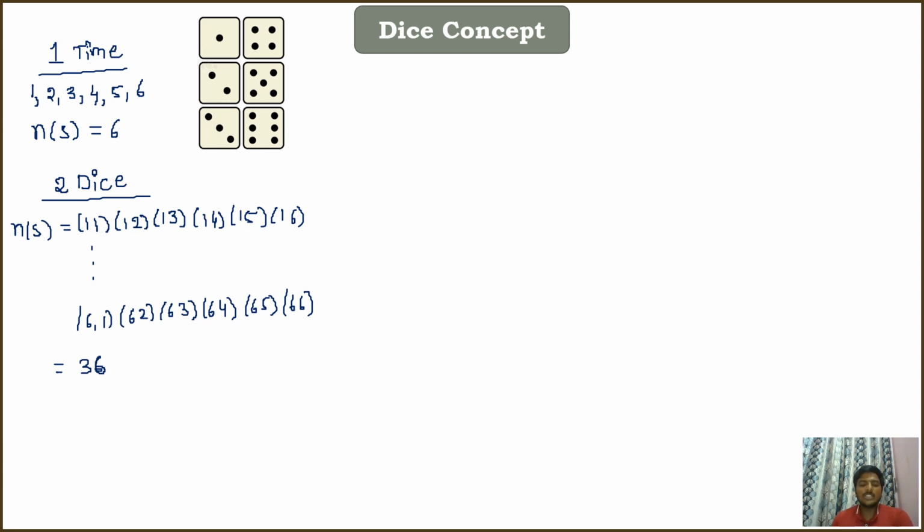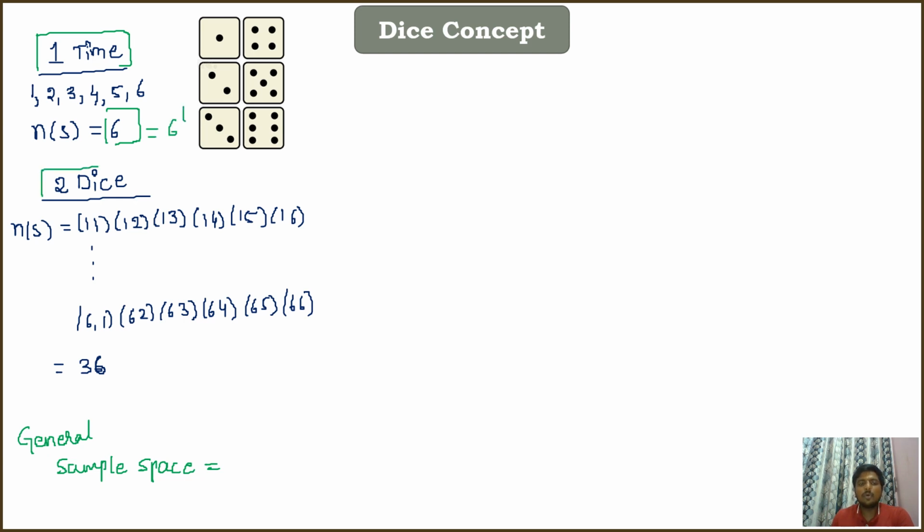Now from these two I can conclude the general sample space in case of dice. For example, if a dice is rolled one time, the sample space is 6. I can write it as 6 power 1.